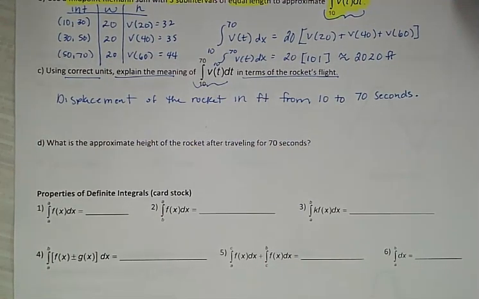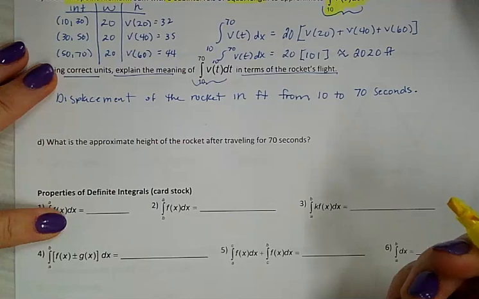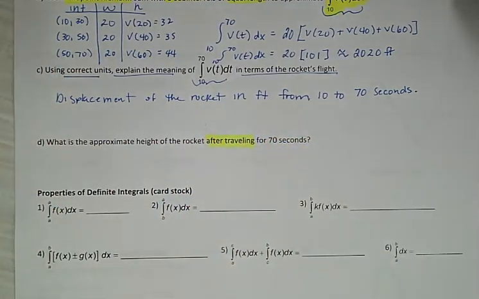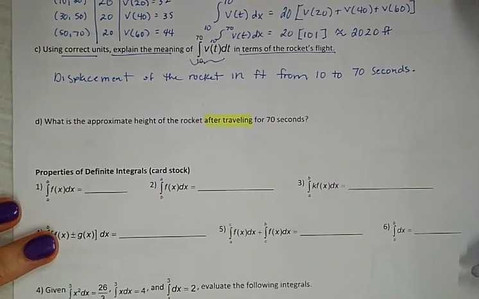All right, part D. What is the approximate height of the rocket after traveling for 70 seconds? As I'm looking at this, I want to pay attention to this wording, after traveling for 70 seconds. So what's the approximate height? We're going to use our notation and keep that in mind.